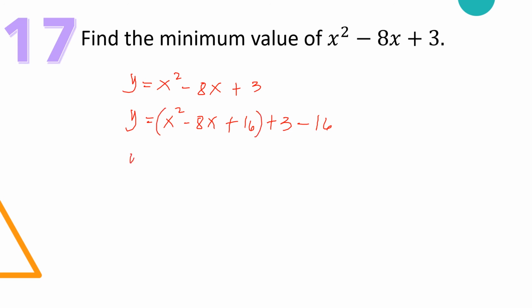Hence, we have y is equal to x minus 4 squared minus 13. This is an equation of a parabola in standard form with vertex at 4, negative 13. Hence, the minimum value of x squared minus 8x plus 3 is negative 13 when x is equal to 4.